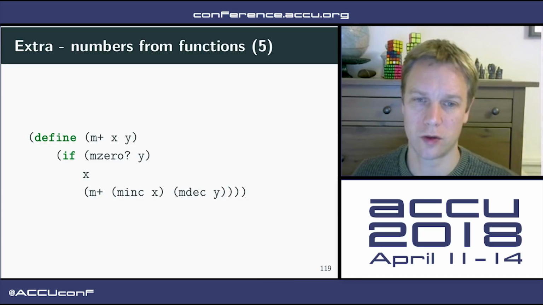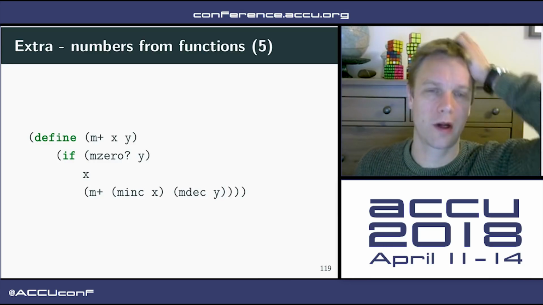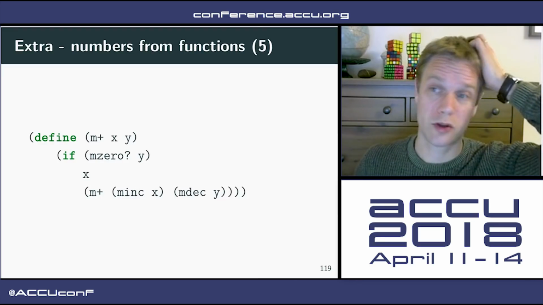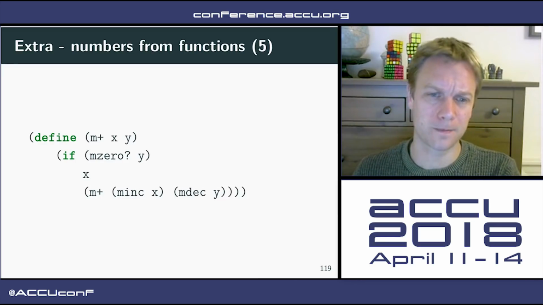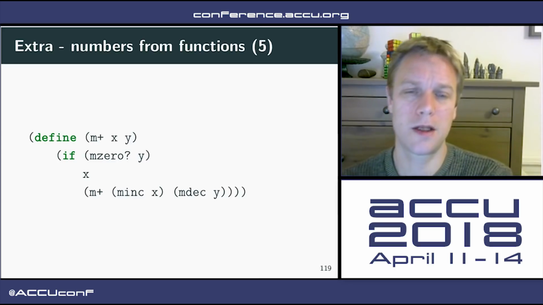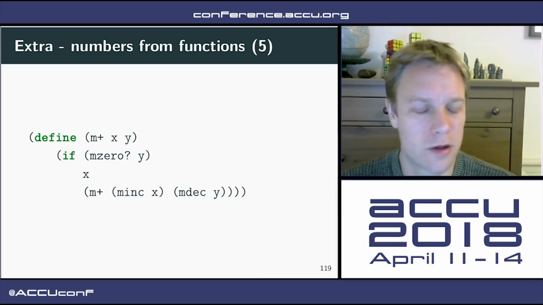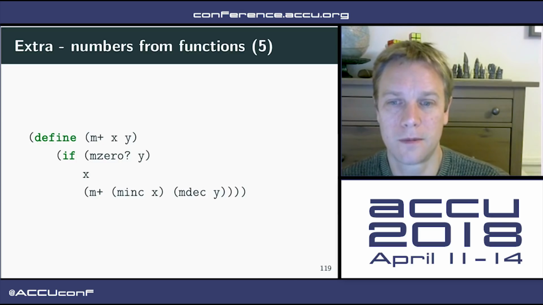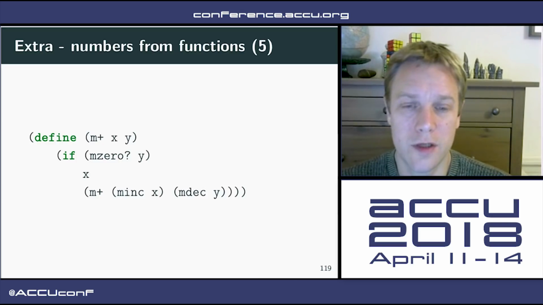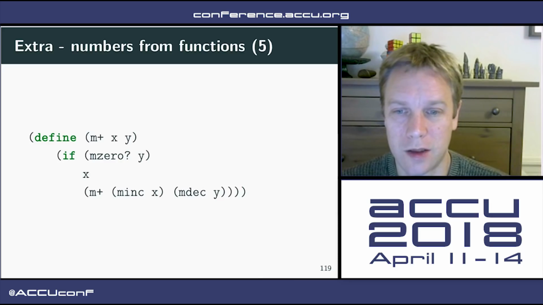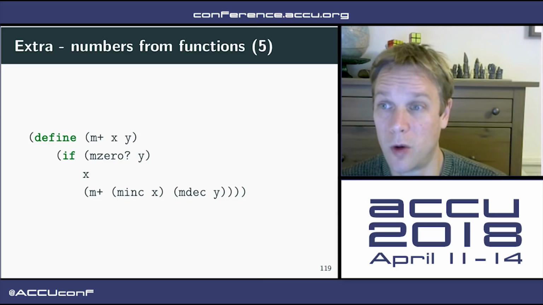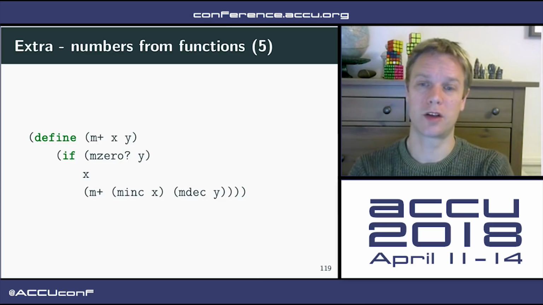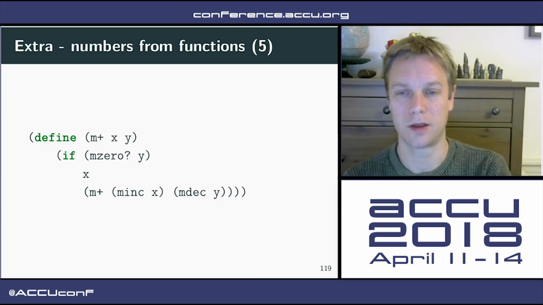Let's have a look at a function called m+. What m+ does is take in two numbers, or two of these number-like things we're making, and it basically says if y is 0, then the answer is x. Otherwise, call ourselves again, but add 1 to x and reduce y by 1. So hopefully you'll be able to see from that, eventually y is going to get down to 0, assuming these are non-negative.